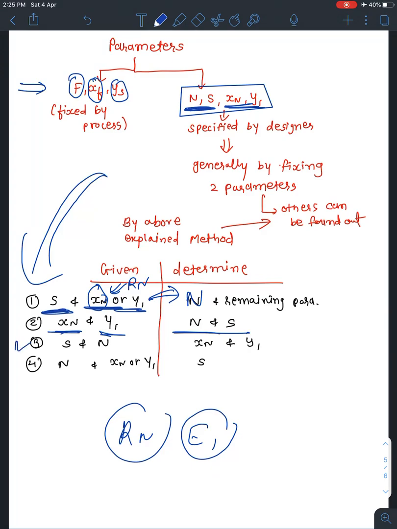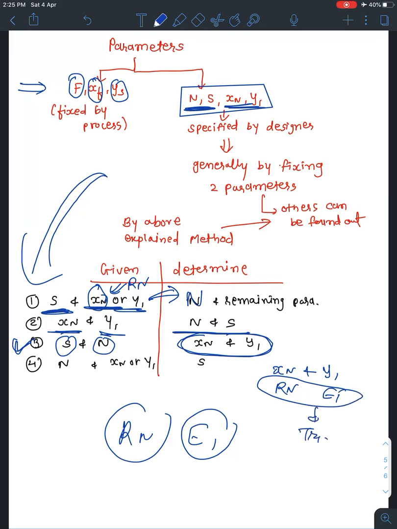If we follow this third method, we are given the solvent as well as n. Remember that the method in which we have to find both the data xn as well as y1, or Rn and E1, we have to go for the trial and error method that we followed in the single stage.